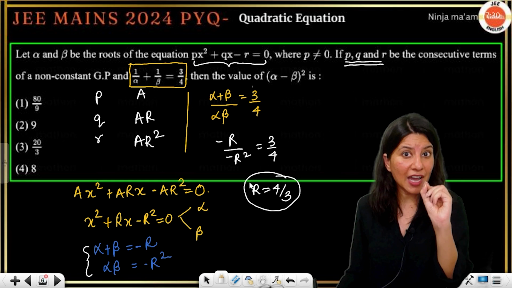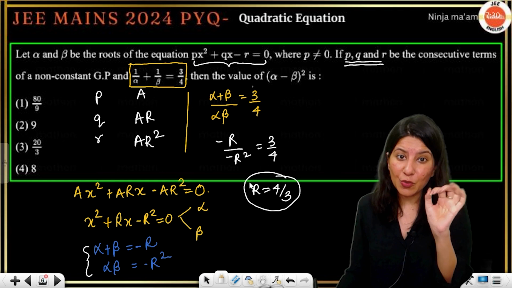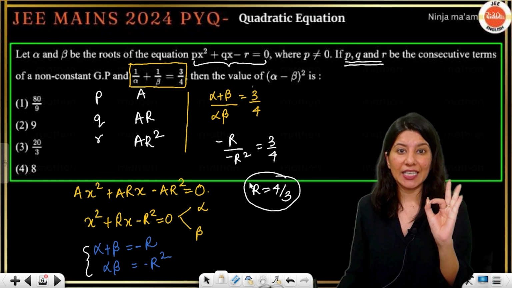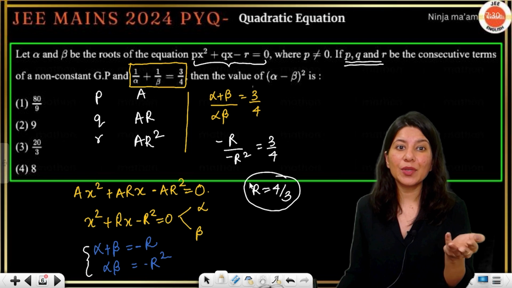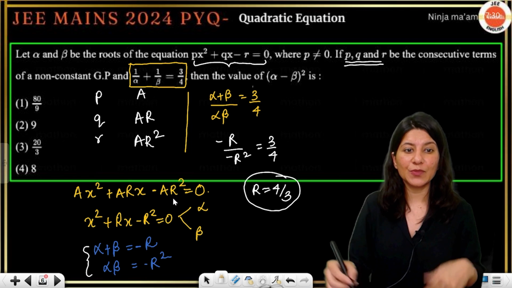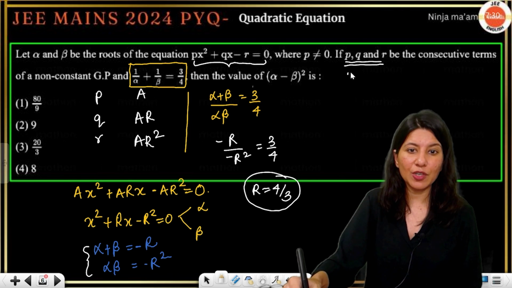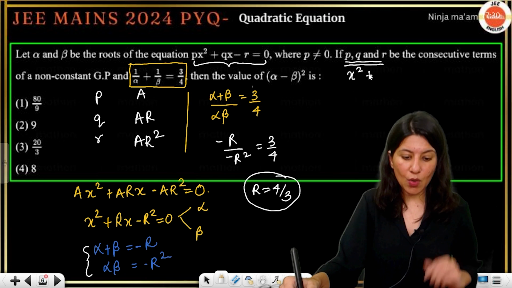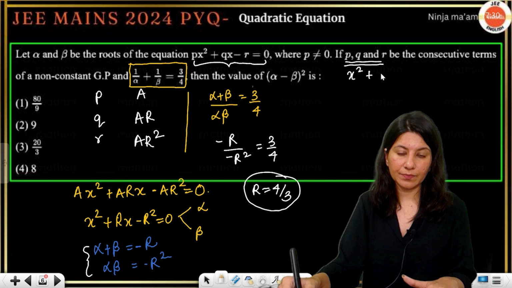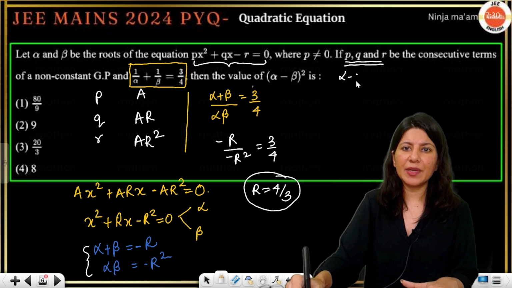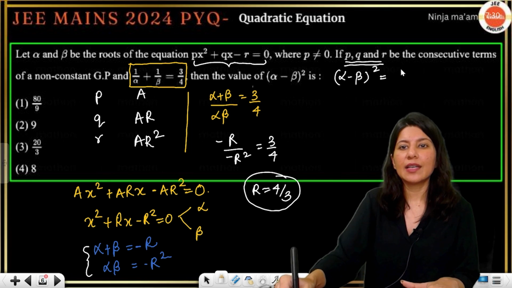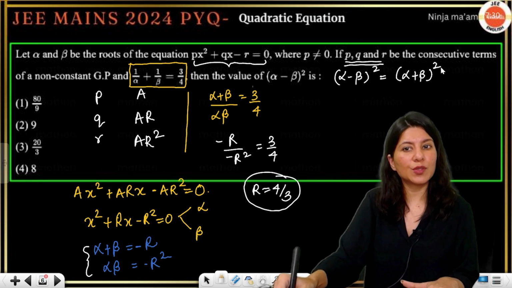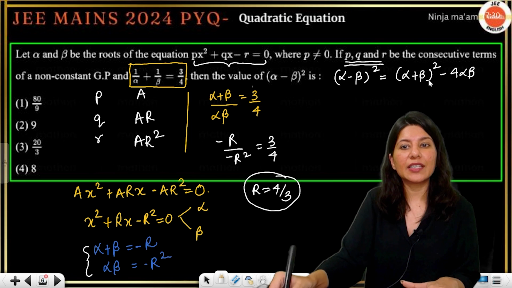Now you have got R, that means you have got the whole quadratic equation, right? So if you have the quadratic equation, you can have alpha and beta also. Rather than the quadratic equation, let me just ask you one thing: alpha minus beta whole square, what is that? Alpha plus beta whole square minus 4 alpha beta, correct or not?